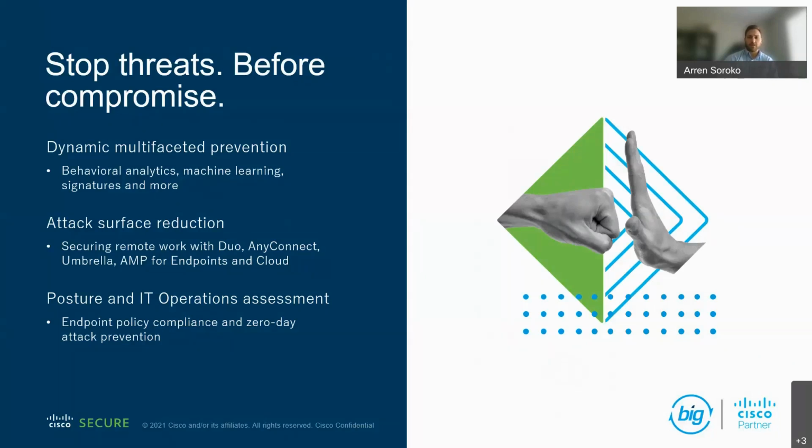It uses techniques such as behavioral analytics, machine learning, and identifying signatures, amongst a number of other methods to proactively detect those malicious files or processes, and it helps respond to those threats, right? So either quarantining them, or if it can't quarantine them right away, it notifies you so that you can go in and manually do what you need to do to control that outbreak before it becomes an outbreak, right?